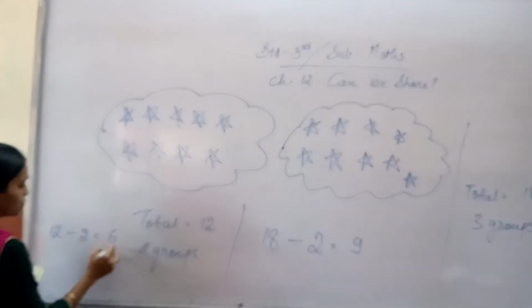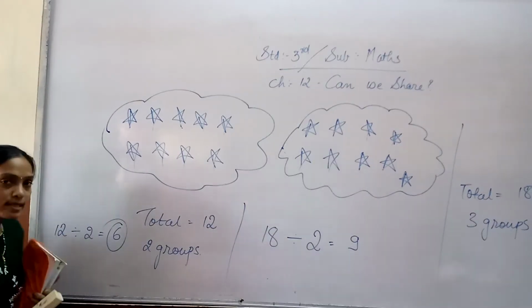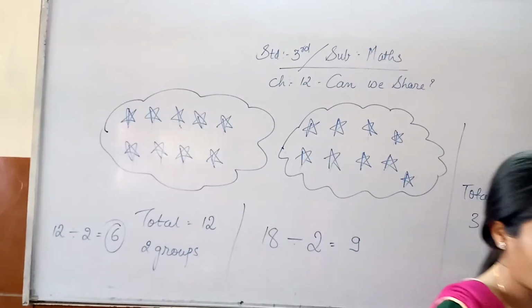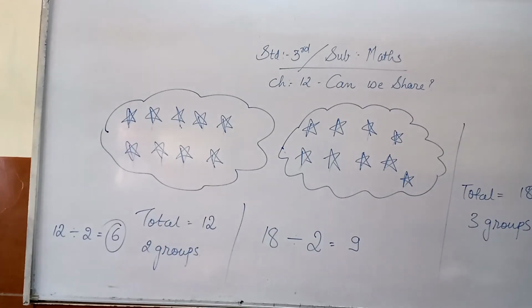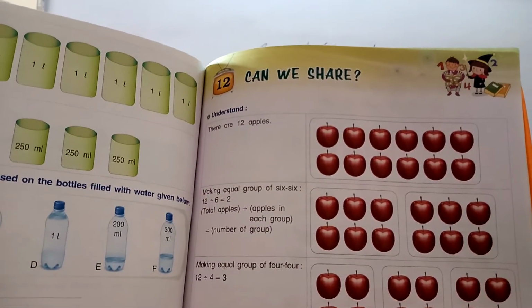So 6 2s are 12. So in each group how many apples are there? 6 apples are there. Okay. This way we'll divide it in different groups. Here you can see first it is divided in 2 groups. So what we have written, 12 divided by 6 equal to 2 groups.